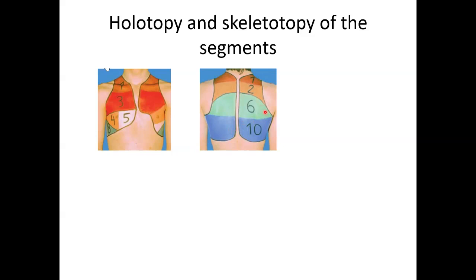Then number 6, segmentum apicale, which belongs to the inferior lobes both from the right and left sides, and segmentum basale posterius, number 10.